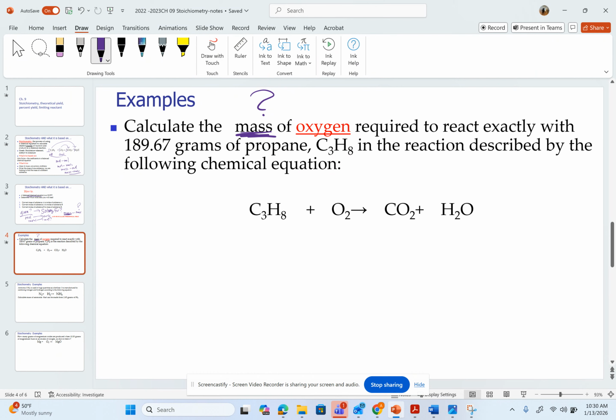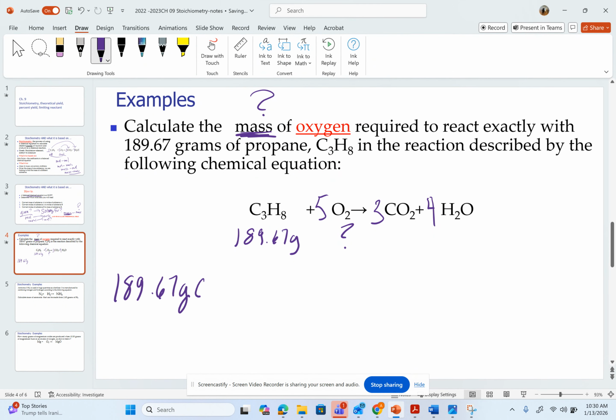So we are given 189.67 grams of propane, and we want to figure out how many grams of oxygen we need for the reaction. The first thing is we have to balance it, and we already did. We said 4, 3, and 5. So I always start with what I'm given.